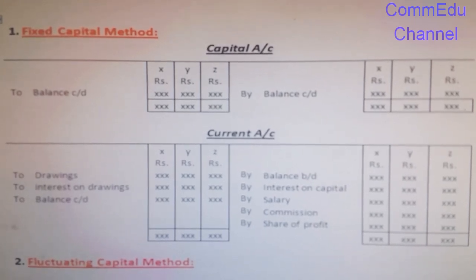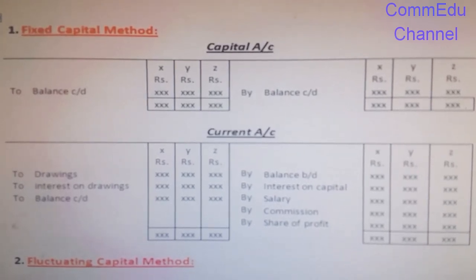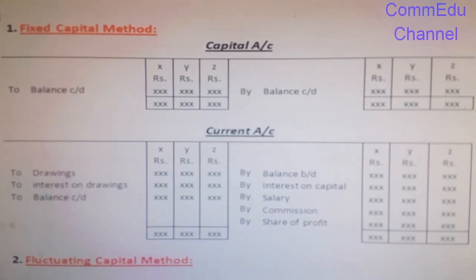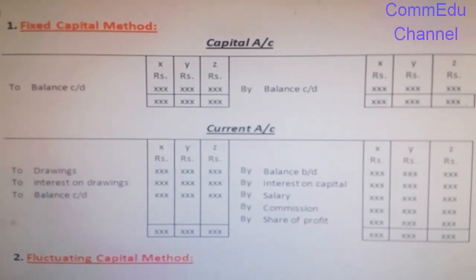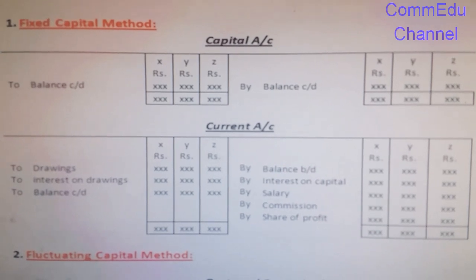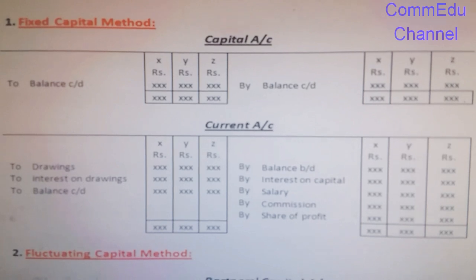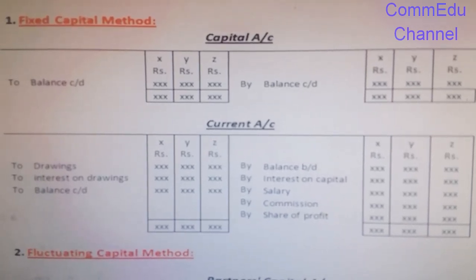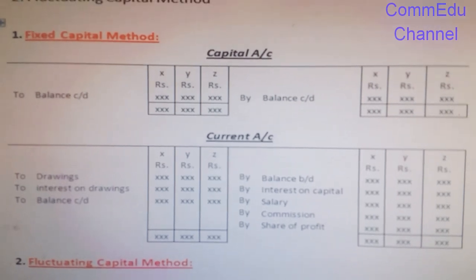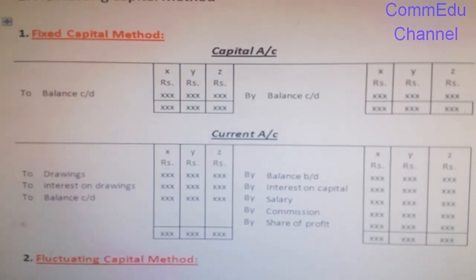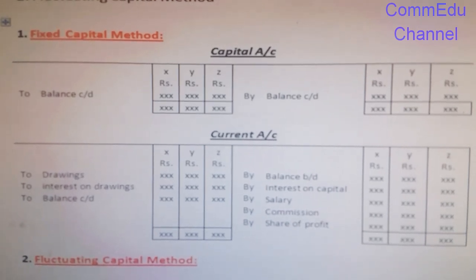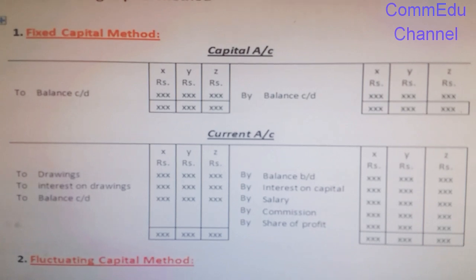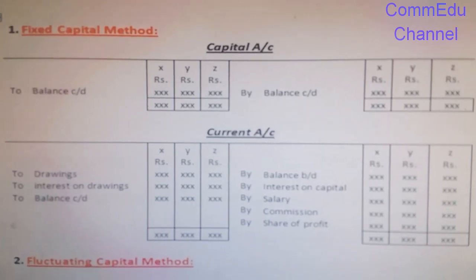The partner's current account is maintained for making all other entries relating to interest on partner's capital, drawings, partner's loan, share of profit, partner's salary and commission, etc. In the capital account, in credit side, you have to write opening balance of capital account, and in the debit side, you have to write closing balance of capital account.